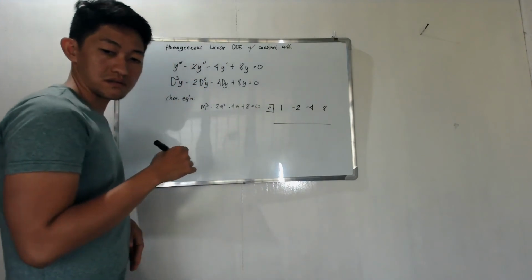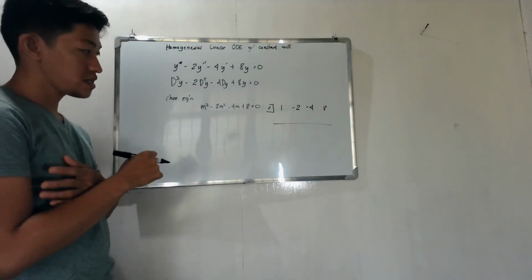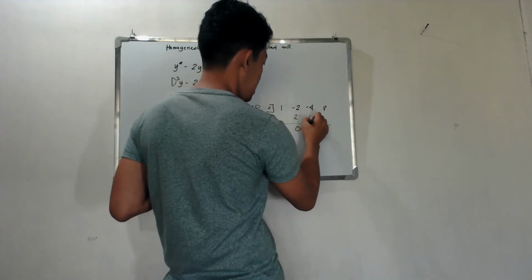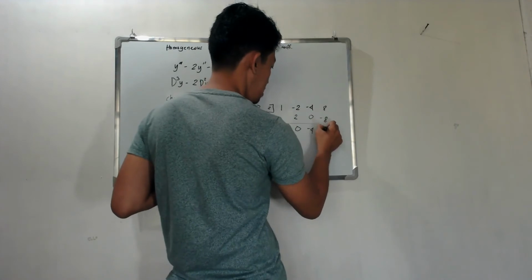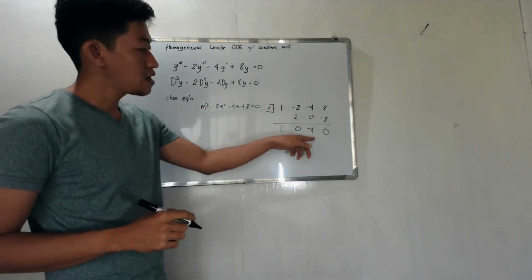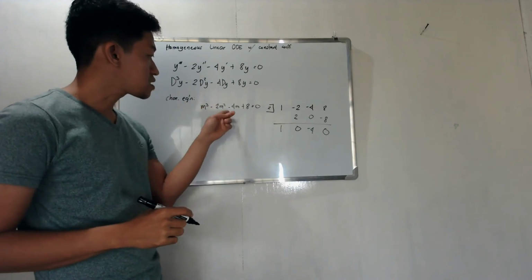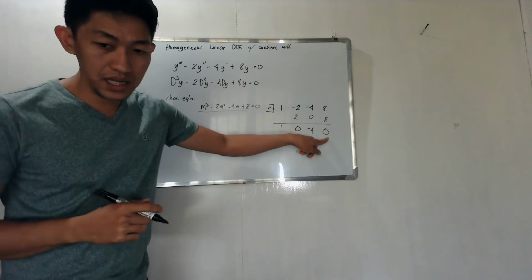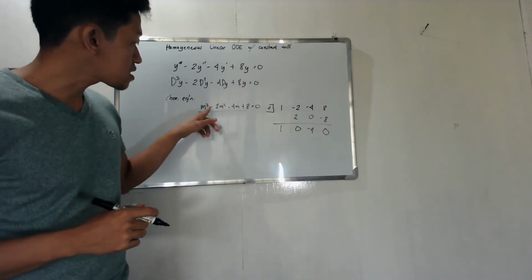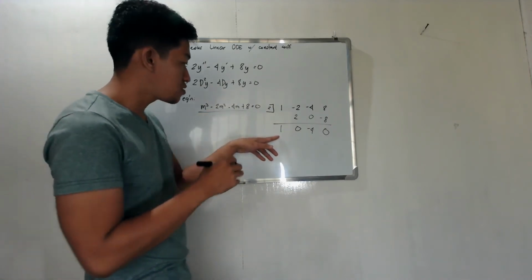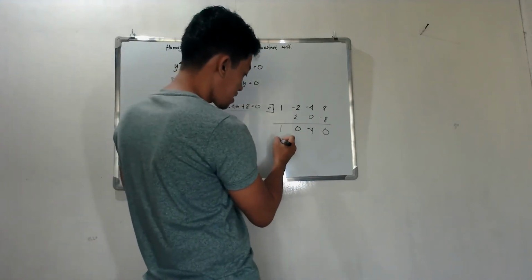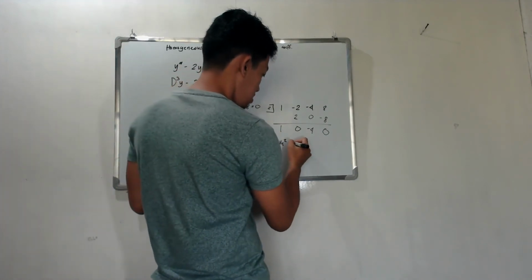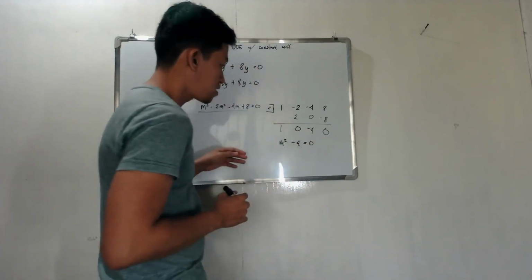So, kung nalimutan nyo yung paano gawin yung synthetic division, just review. Okay? Okay, since naging 0, 2 is a root of this equation. Okay. So, anong ibig sabihin nito? Ibig sabihin nito, since m cube, change mo lower down yung exponent nito, magiging m squared minus 4 is equal to 0. Okay?